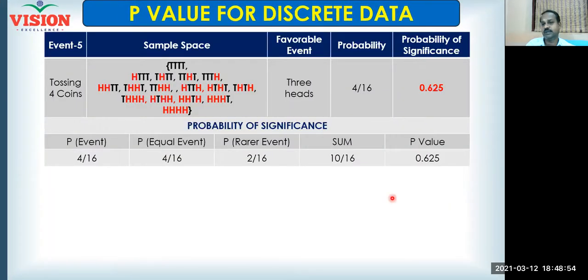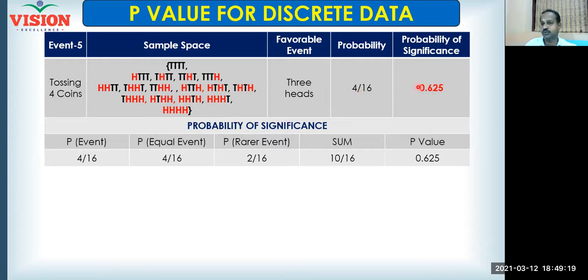Now, another event, tossing four coins. When I toss four coins, there are 16 outcomes possible. All the 16 outcomes I have listed here. And now let us calculate the p-value for getting three heads. And how many times could I get the three heads? See here, the third line, three heads, three heads, three heads, three heads, and that is 4 out of 16, right?